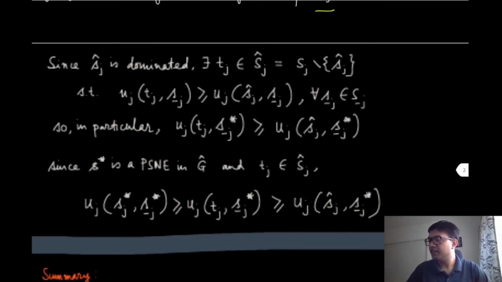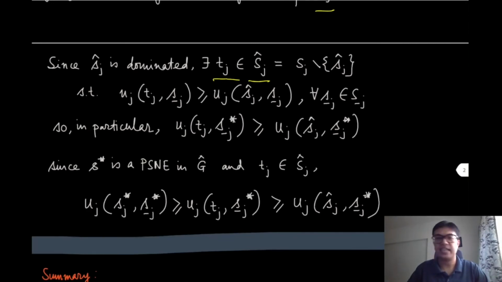Because this is dominated, there must be a strategy TJ which lives in the reduced game set, that means the strategy set without the strategy SJ hat, which weakly dominates it. So we are just using one of the definitions. Of course there is another part of weak domination, which is a strict inequality, but we don't need that.